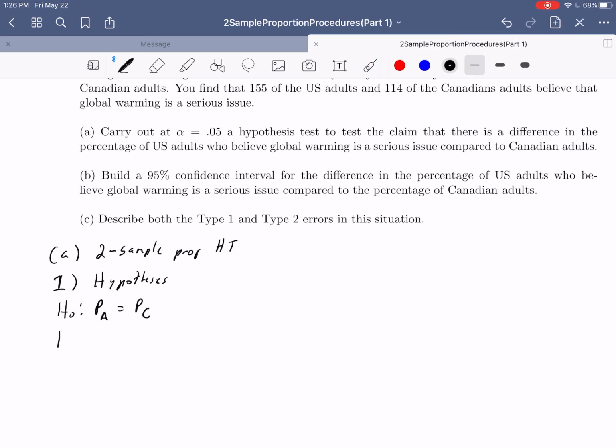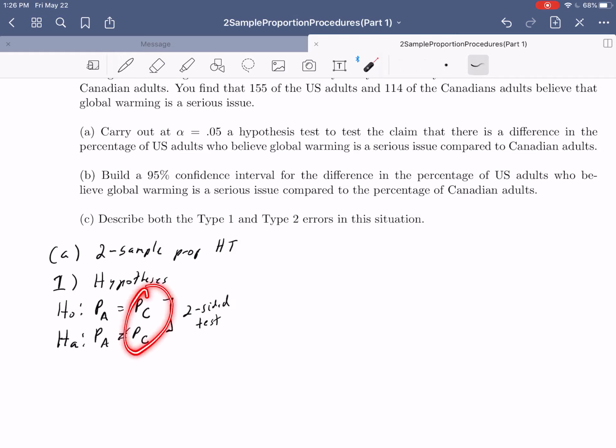Then for the alternate, we have our claim. We're trying to claim that there is a difference in the percentage, so we're going to be using not equals to here. And that means this is going to be a two-sided test.